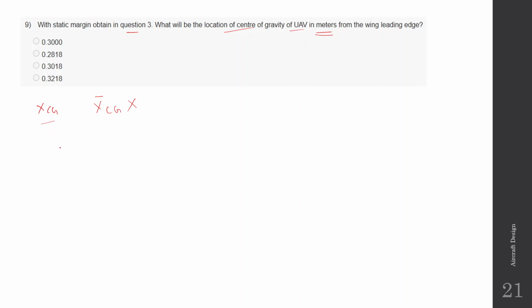So for this question, I'm going to use the formula that static margin is equal to x bar np minus x bar cg. So this you can further write as x np minus x cg by c bar.